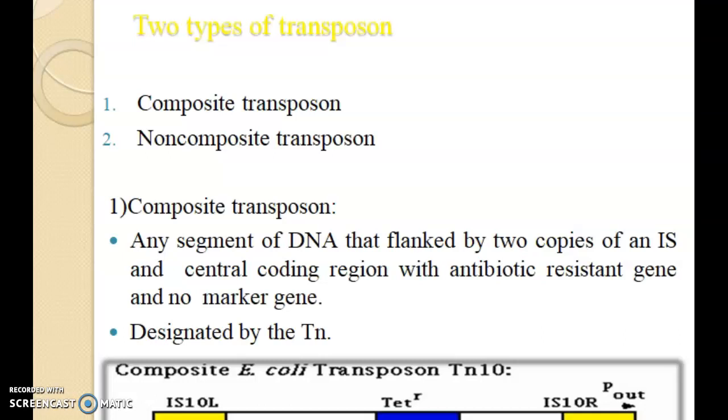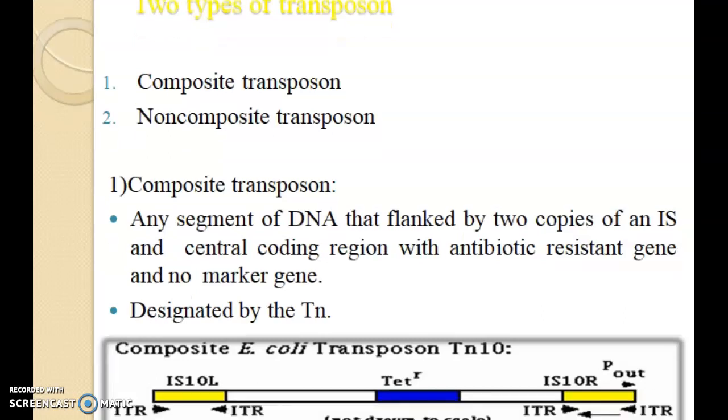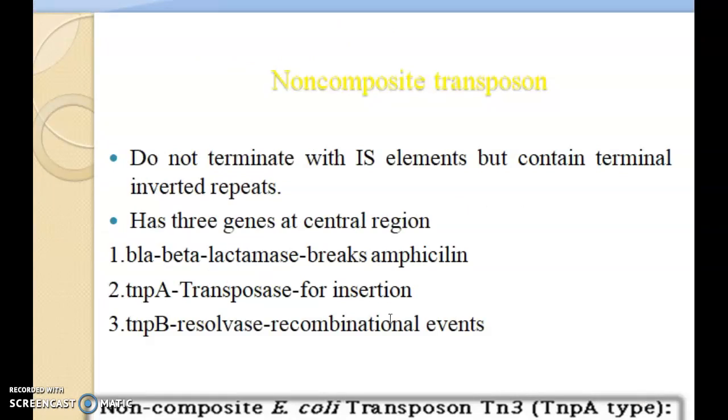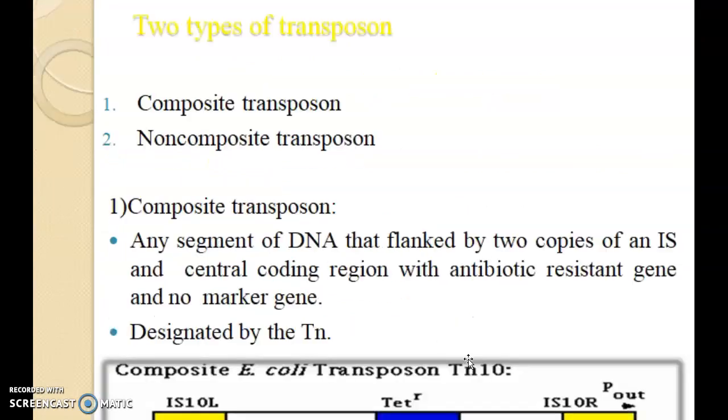You can see here in the figure. The IS elements may be oriented in the same direction or may be in opposite direction. The total length of the transposons may be several thousand nucleotides long.